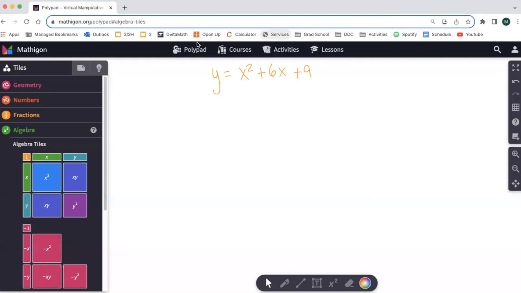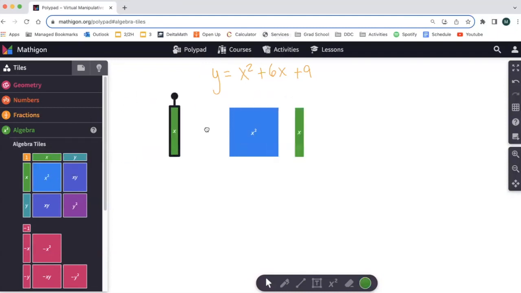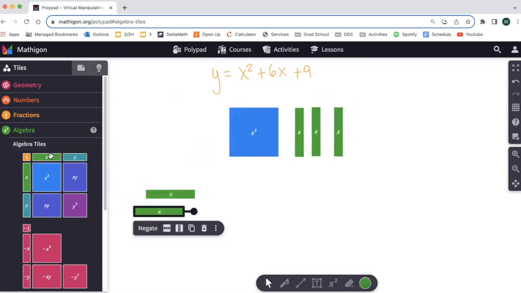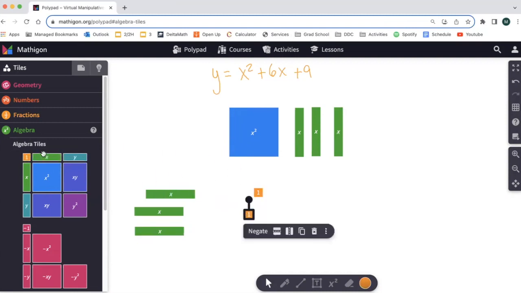So with that being said, we want to make sure that we bring out an x squared for the x squared. We have 6 x's, so we are going to bring out 6 different x's, and we have a unit of 9. So we are going to bring out 9 individual ones.